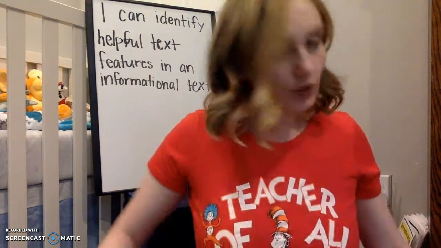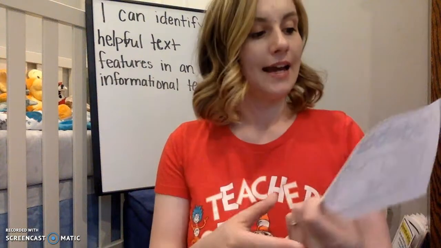Alrighty. Our first helpful thing in informational text, our first text feature, is called a sidebar. A sidebar. I will show this a little closer in just one moment, but let me tell you what it is first. A sidebar tells you interesting facts or extra information that relates to the story that is being told.